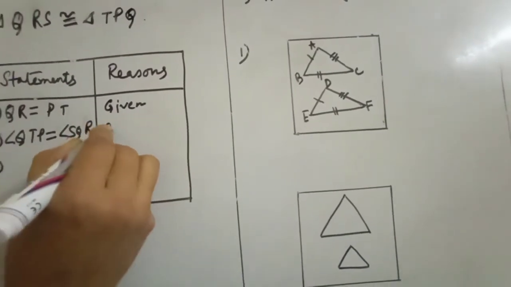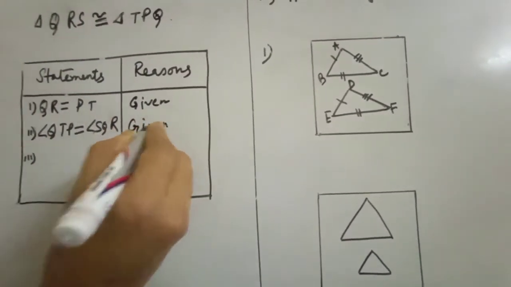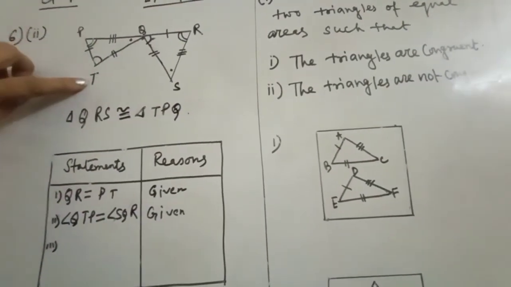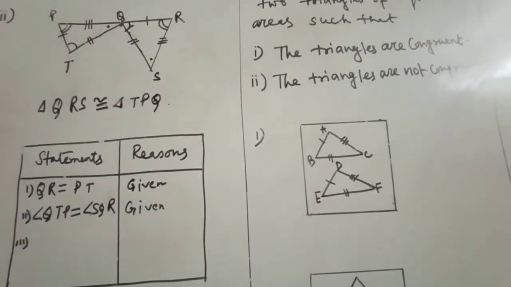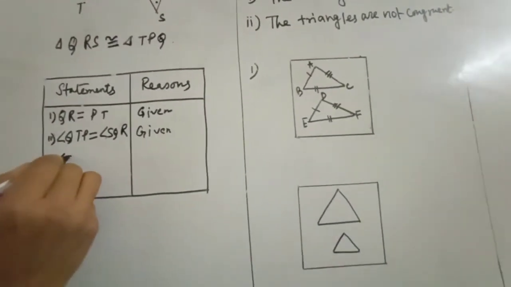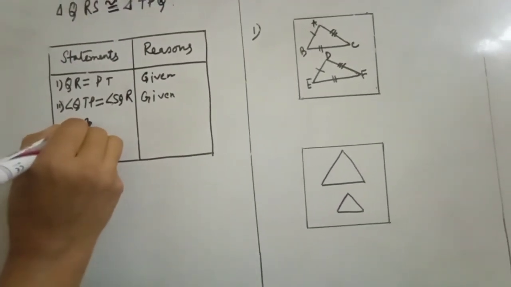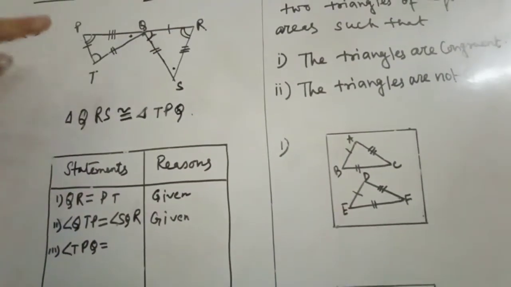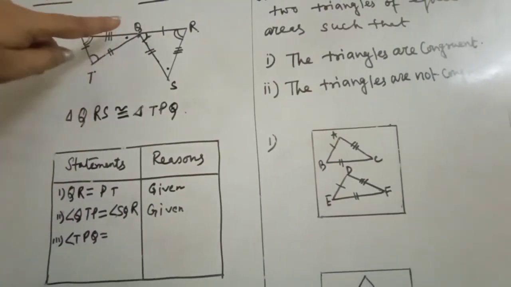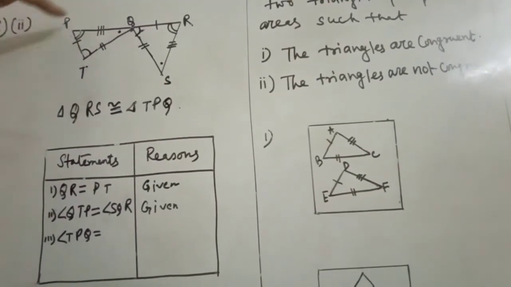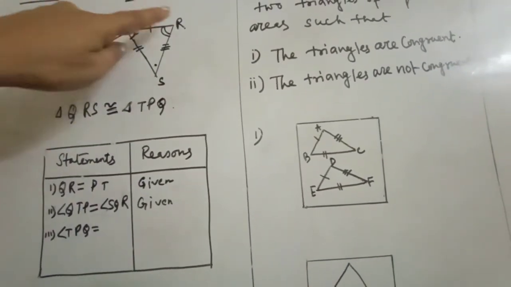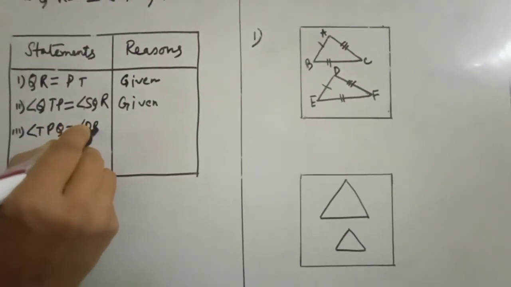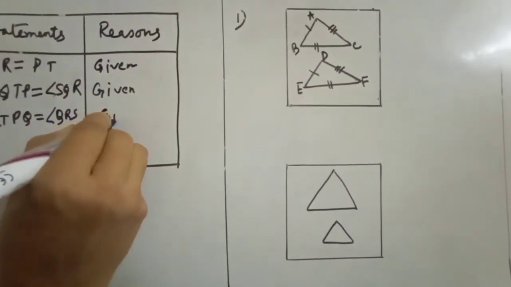It is also given. And angle P, that means angle TPQ, is equal to angle QRS. This is also given.